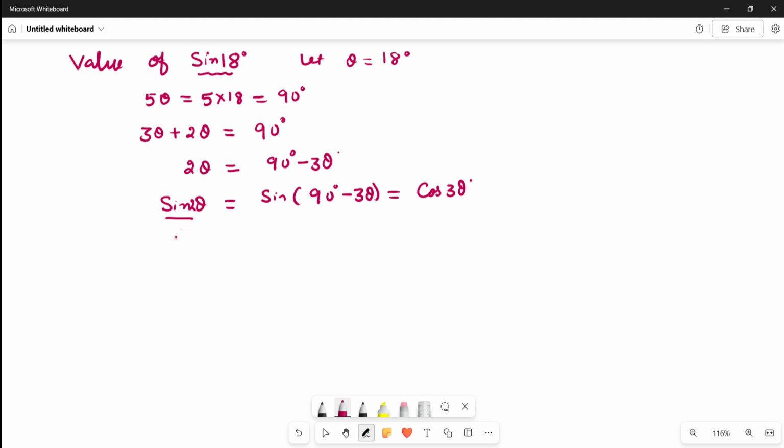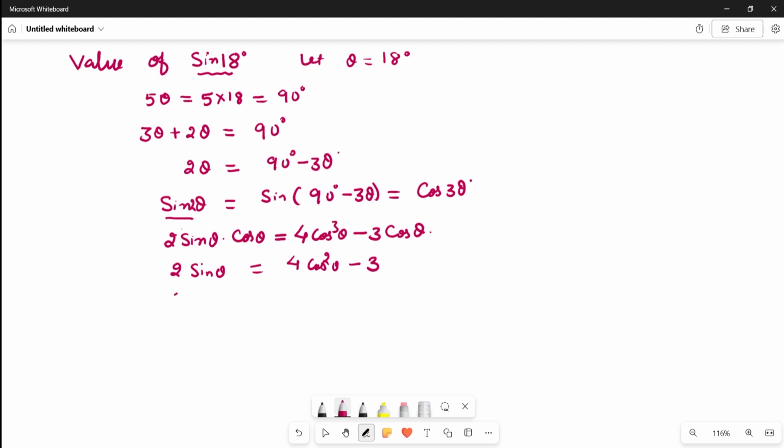Here sine 2 theta is 2 sine theta cos theta, and cos 3 theta is equal to 4 cos cube theta minus 3 cos theta. Now cos theta can be cancelled from both sides. We get 2 sine theta is equal to 4 cos square theta minus 3.